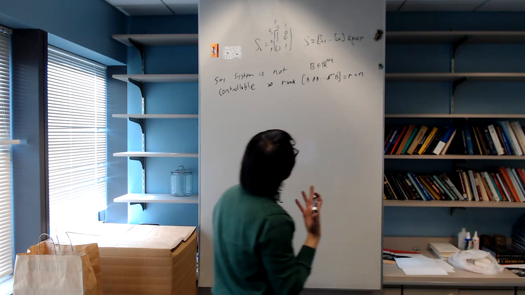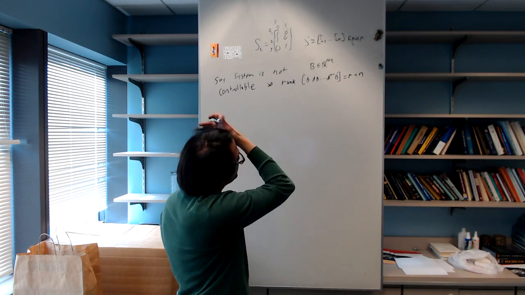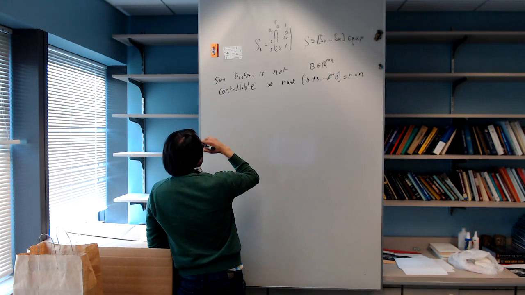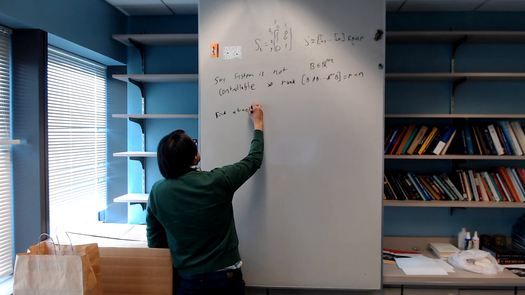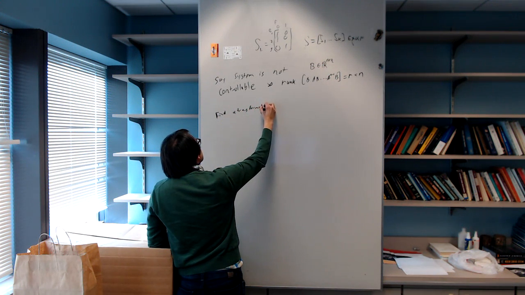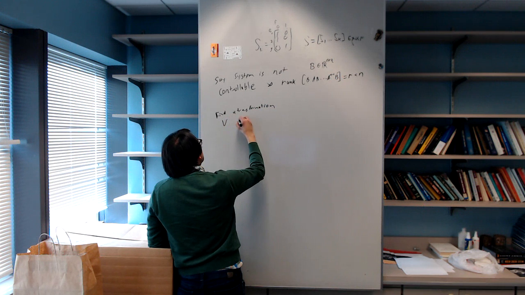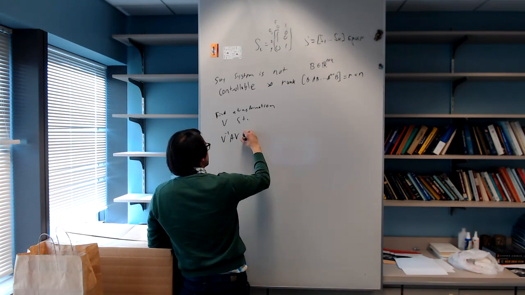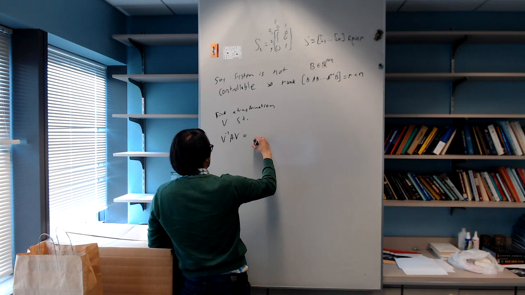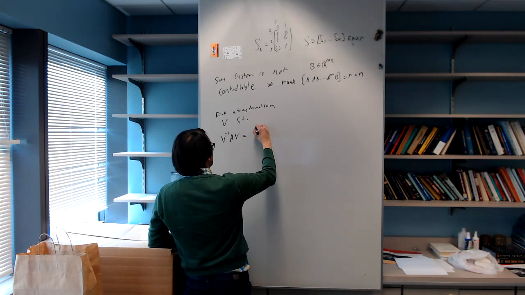What I want to do is show that we actually are going to have a transformation. We're going to find V such that V inverse AV is equal to [A11 hat, 0; A12 hat, A22 hat].